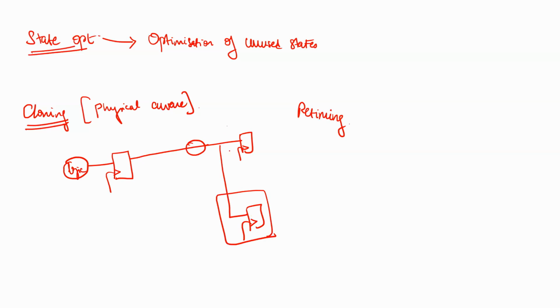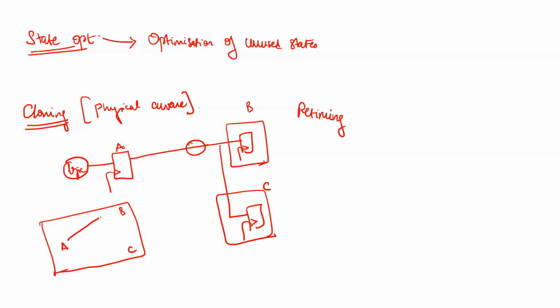Let's say in my floor plan, this is flop A, this is flop B, and this is flop C. These are on three corners of the floor plan. So now there's going to be a very large routing delay from A to B, and a large routing delay from A to C. So to avoid this, what can happen?